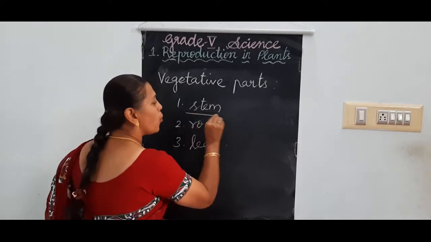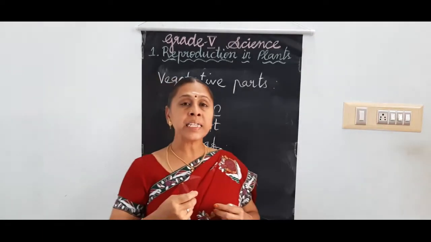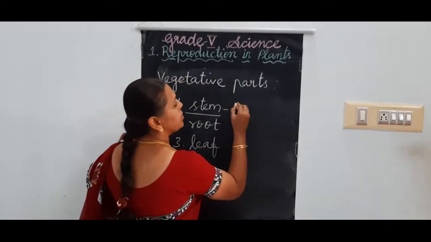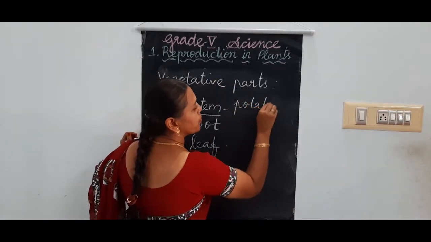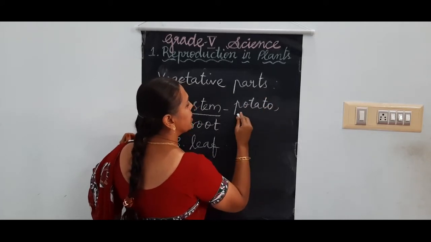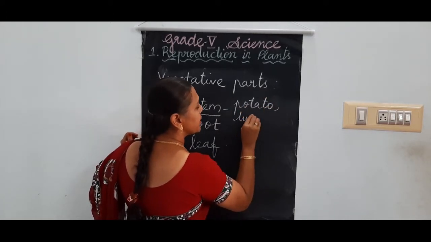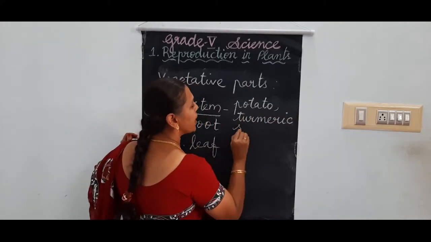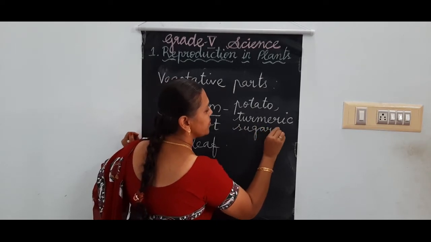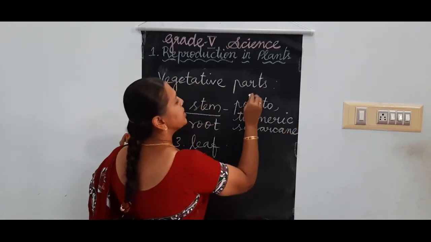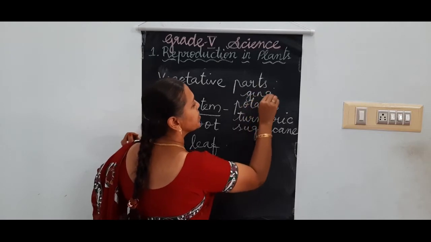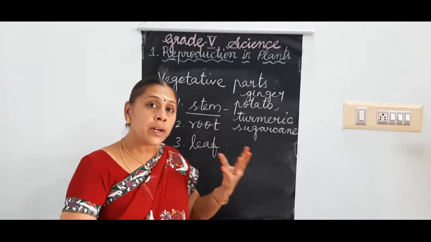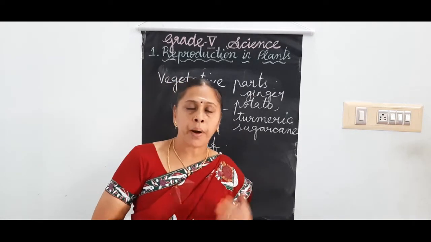Now, do you know which plants reproduce through stem? Potato. Next, turmeric. Sugarcane. Ginger. So like this, many plants reproduce through the stem part.